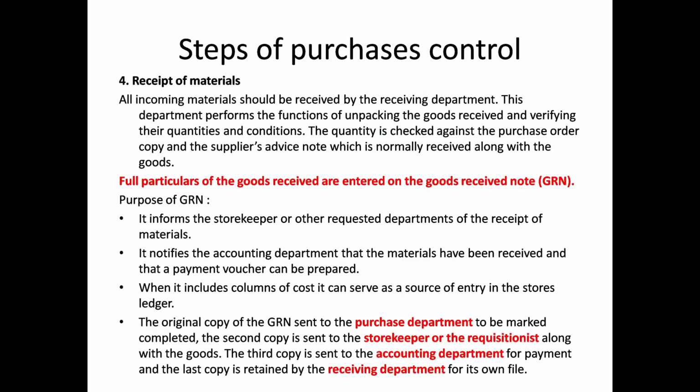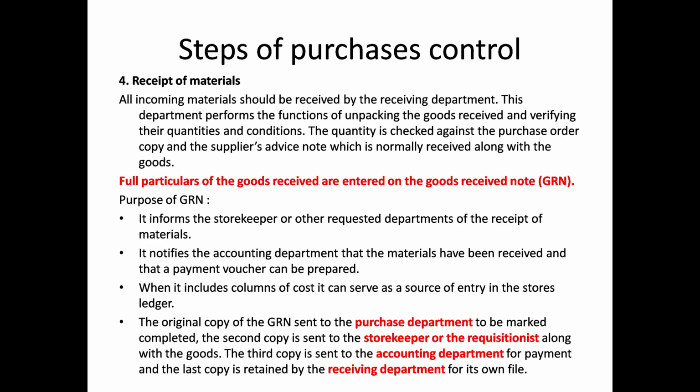Step 4. Receipt of materials. All incoming materials should be received by the receiving department. While they are receiving materials, they will be getting the document called Supplier's Advice Note, and they have the purchase order copy with them.